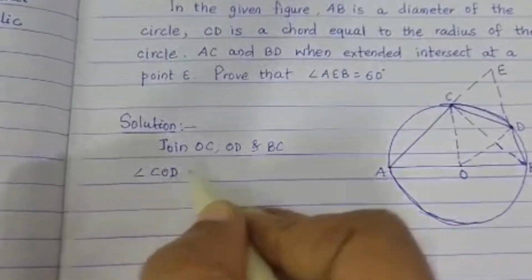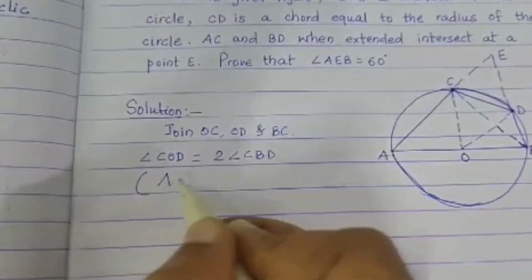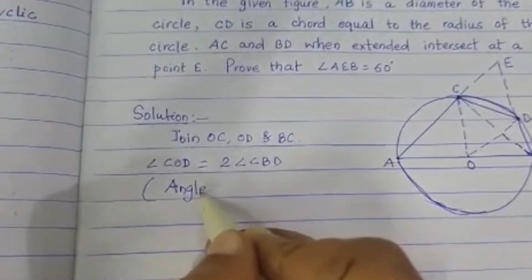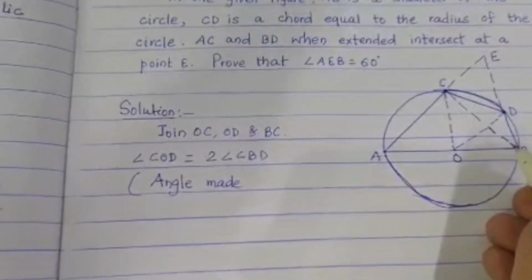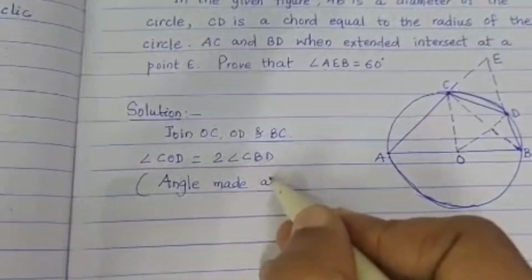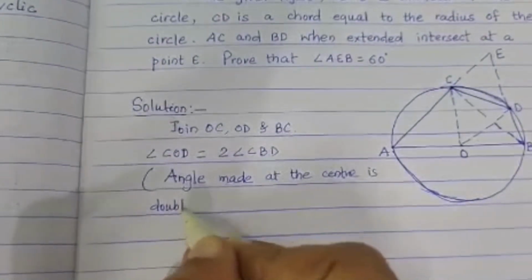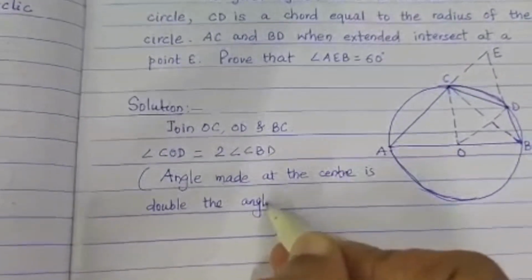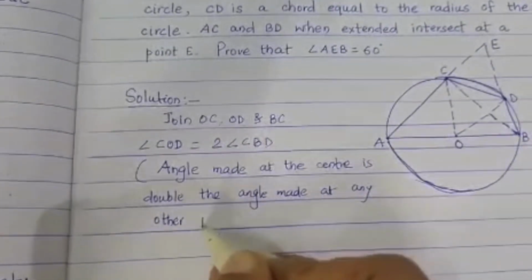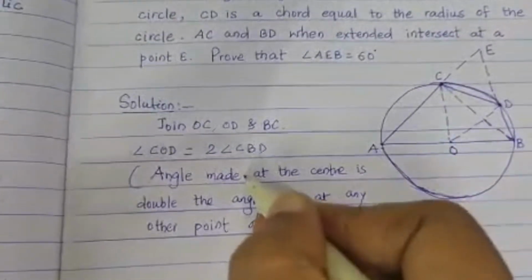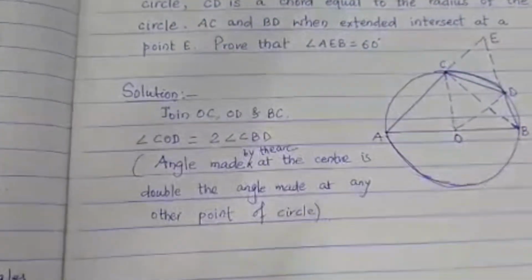Angle COD is equal to twice angle CBD, because we have read that the angle made at the center is equal to double the angle made at any other point of the circle by the arc. We have gone through this.